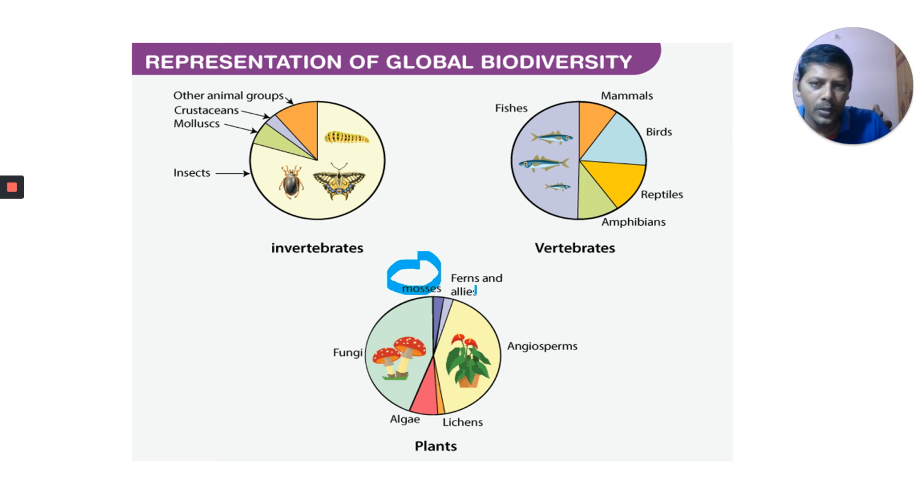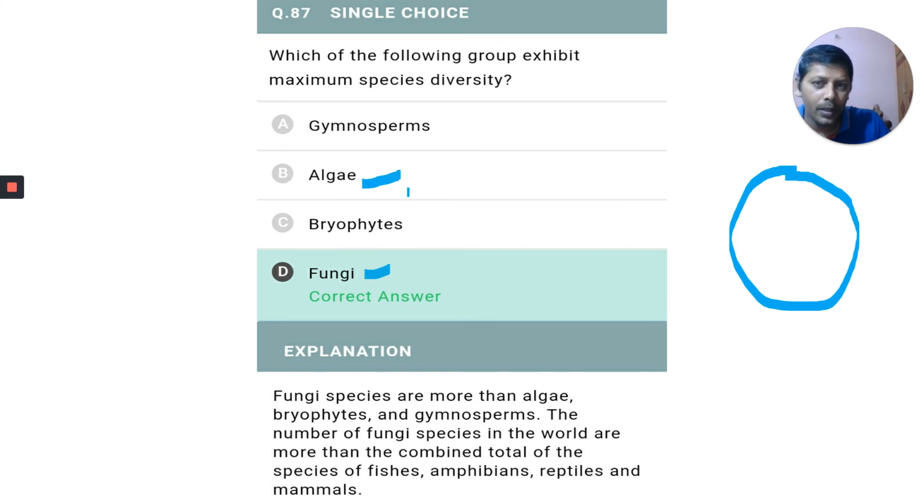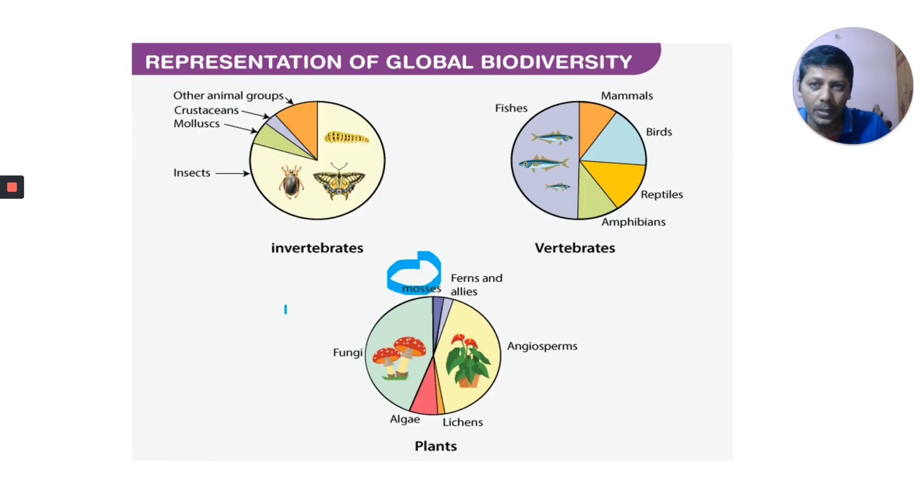Algae is given here, bryophytes is given here, and fungi. Fungi species are more than the bryophytes and gymnosperms. The number of fungi species in the world is more than the combined total species of fishes, amphibians, and reptiles. This is a direct line from the textbook.